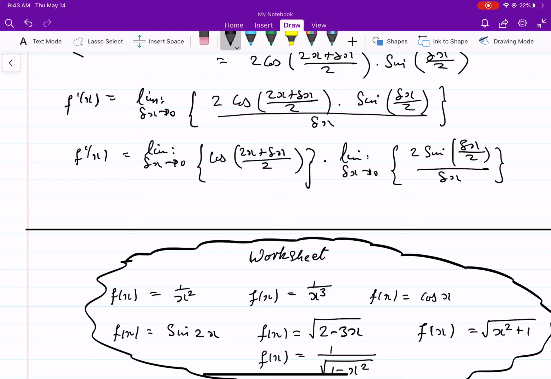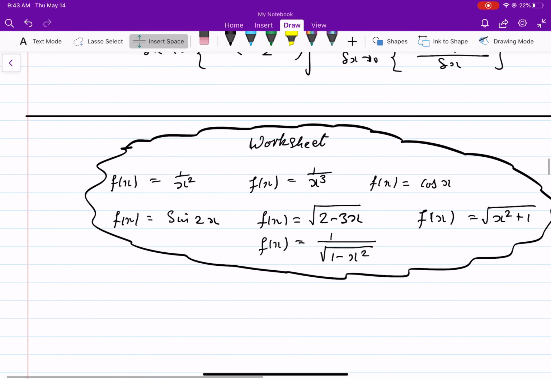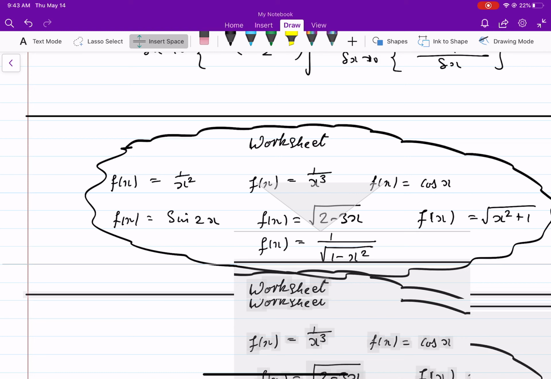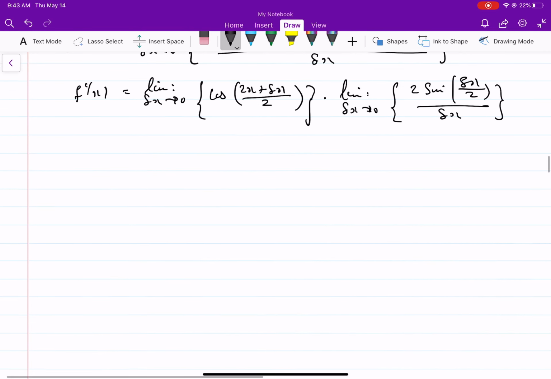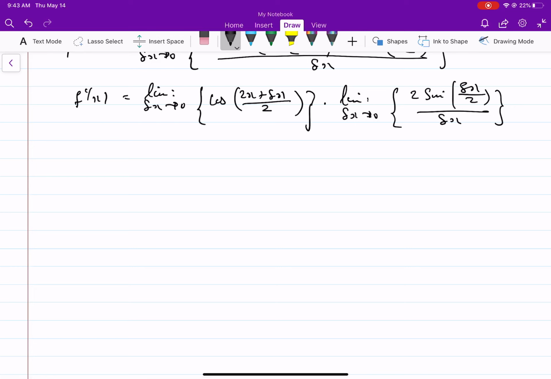Now, see if I can do the magic here. That second limit, does it look familiar? Does it look as if it's in the form, or close enough to be in the form, sine theta upon theta, as the limit as theta approaches 0?